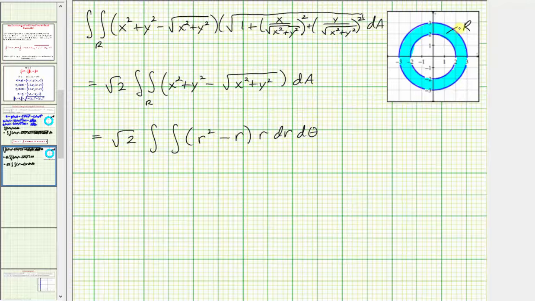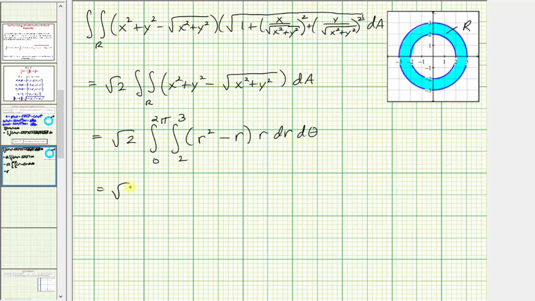Remember, the region R is this bounded region here between the two circles, and therefore the limits of integration for r are from 2 to 3, and limits of integration for theta would be from 0 to 2 pi all the way around the circle. Let's go and distribute the r.